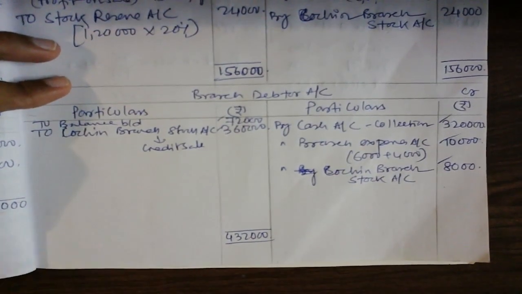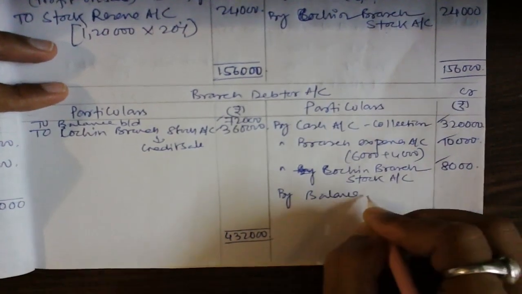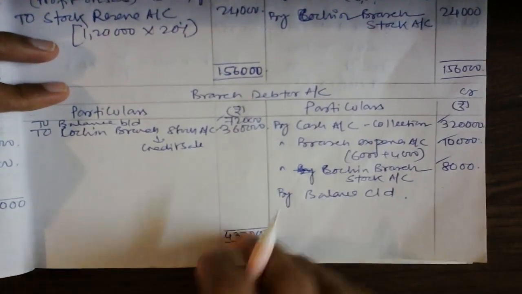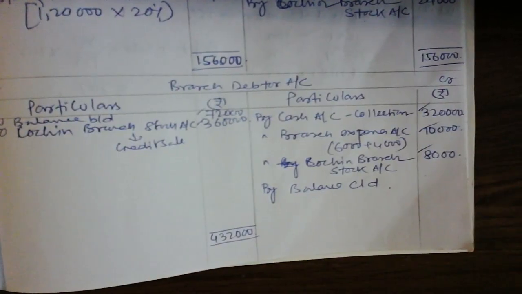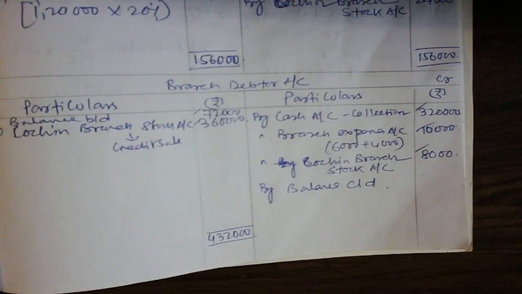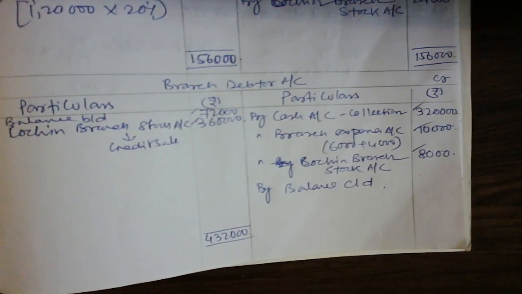Perfect. Closing stock, closing data. So we have to calculate the closing data by balancing, credit by debit. 432 is the balance minus 8,000, minus 10,000, 320. So 432 minus 338, 92,000. It means 92,000.